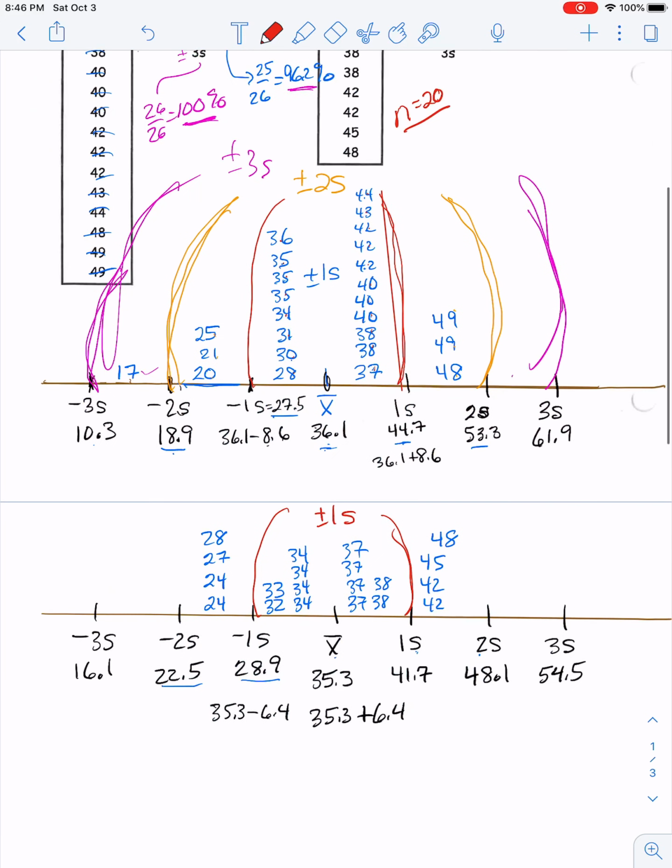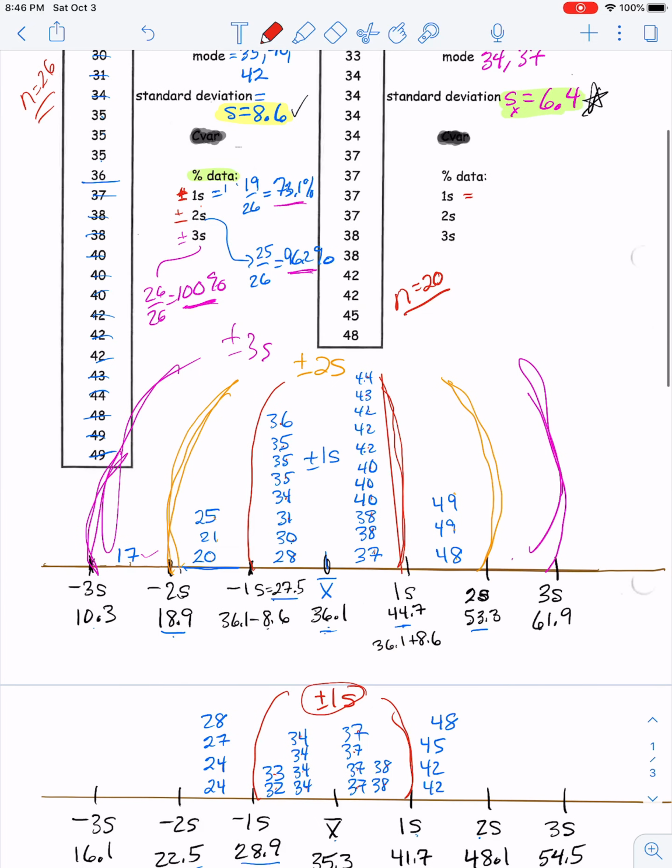I apologize. I'm in the wrong data set. Slide down a little bit. Try again. Within 1 deviation down here. 1, 2, 3, 4, 5, 6, 7, 8, 9, 10, 11, 12. There we go. We've got 12 data points out of 20 within plus minus 1 deviation of the mean, and that's just a flat up 60%.